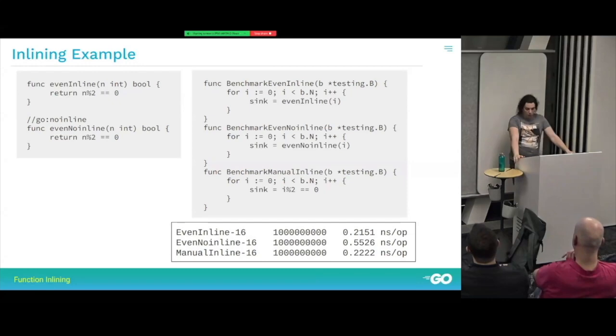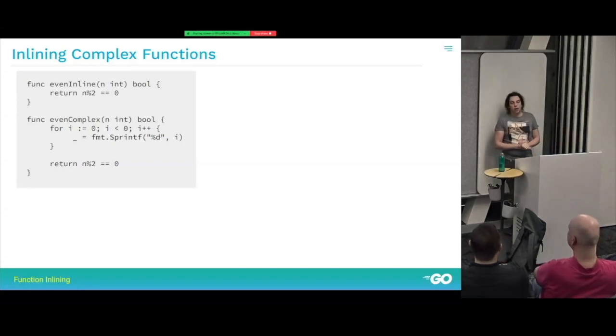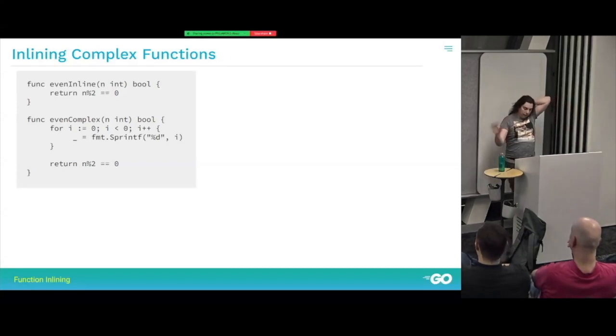When we get to another example, here I want to show you how the heuristics actually work. So in this case, I have the same even inline function as I had before, the simple one-liner. And then I have a function in which, as you can see, the for cycle will never execute.